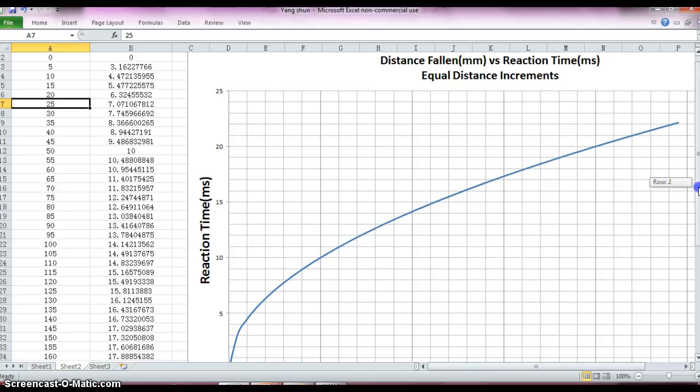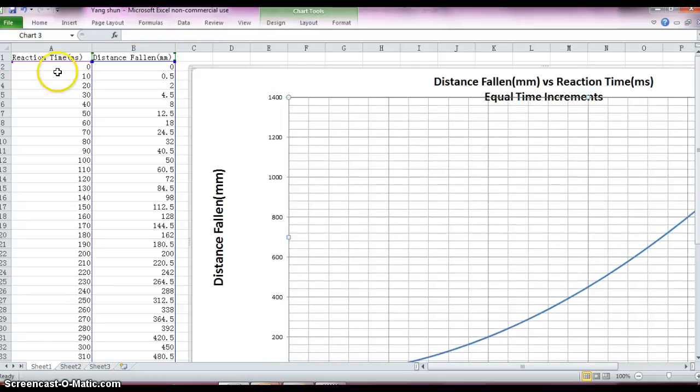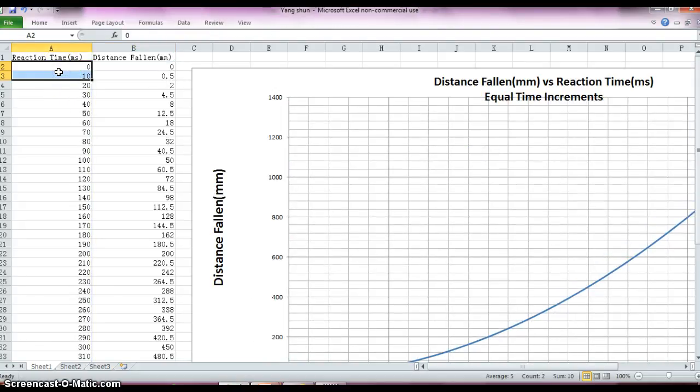You can see I draw the lines and put these numbers on the reaction strip. Sheet 1 is another graph that uses 10 milliseconds as the unit.